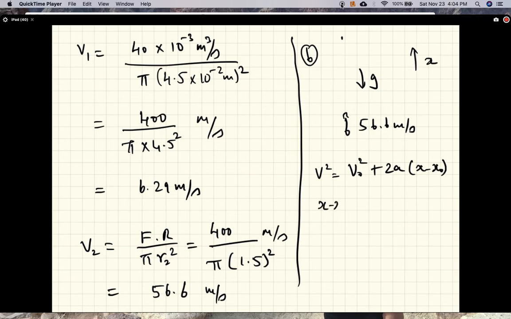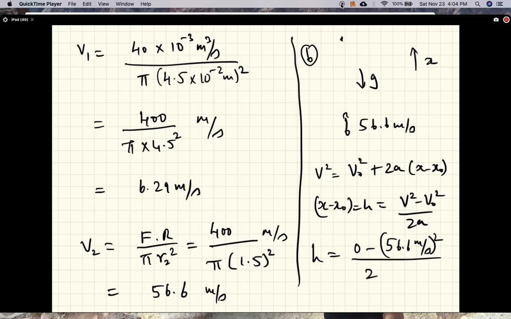So x minus x naught, the height to which the water climbs, is v squared minus v naught squared divided by 2a. Of course, at the top, the final velocity is 0. So h is 0 minus 56.6 meters per second squared, divided by 2 times minus 9.8 meters per second squared.